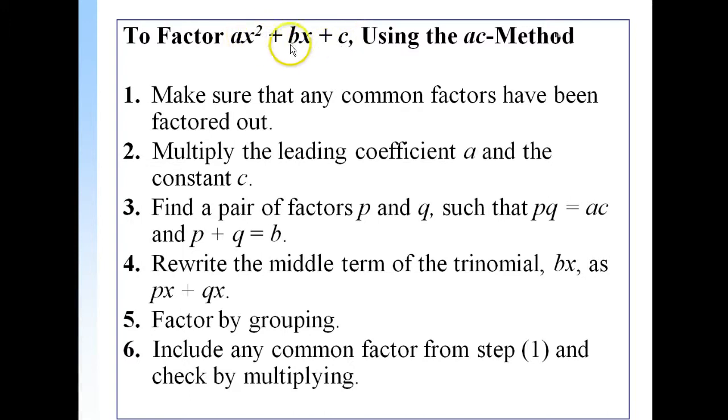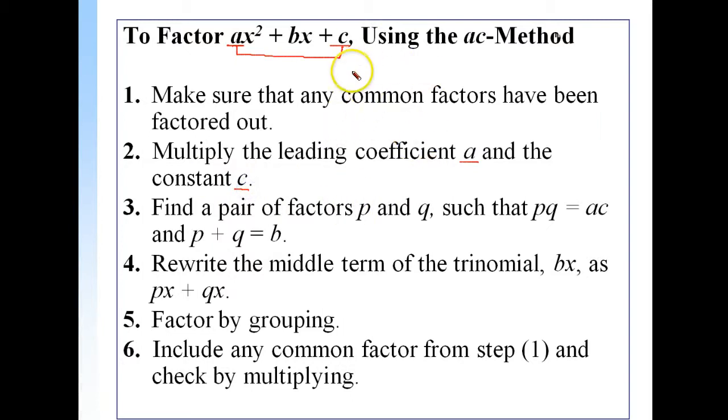Now the AC method starts off by multiplying a by c. You multiply these. Again, the first thing you do is factor out any common factor. Then their second step is multiplying a times c.